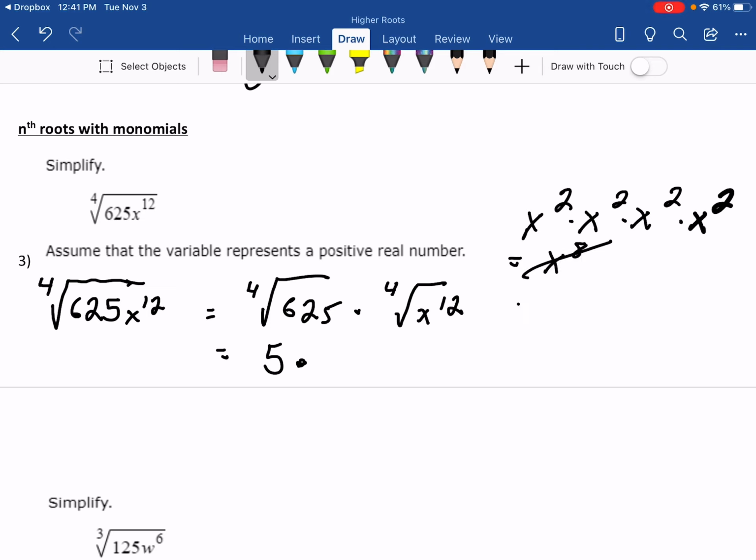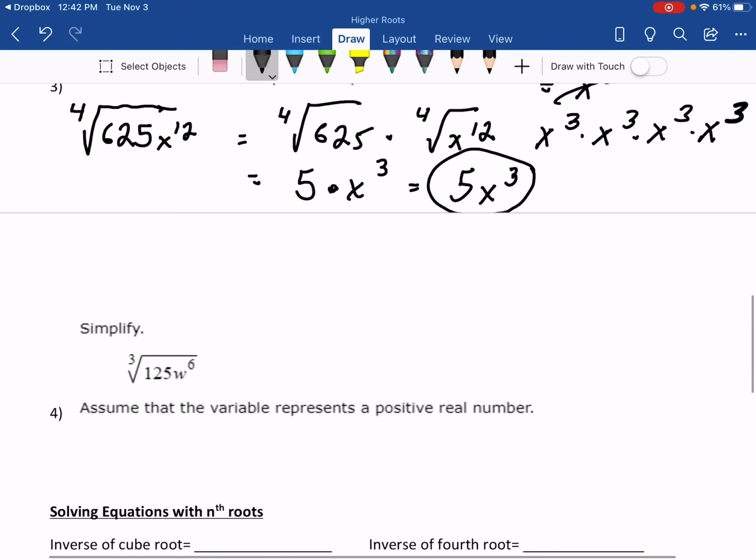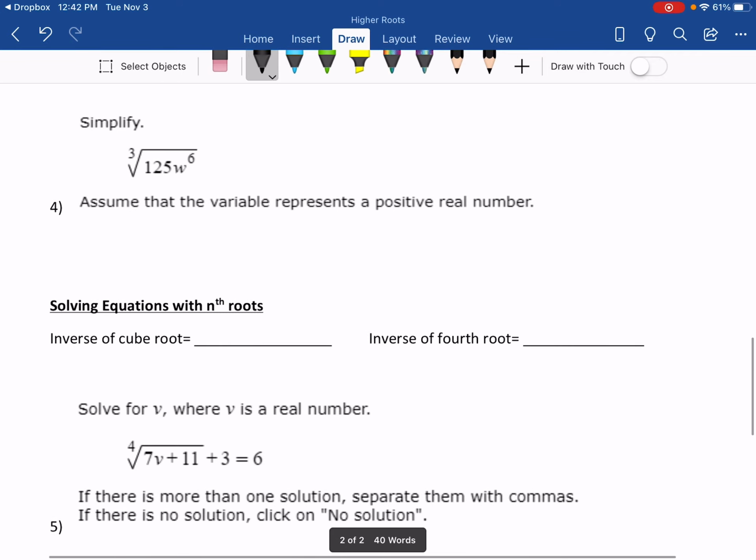Let's try x cubed. X cubed times x cubed times x cubed times x cubed, and yeah, we got 3, 3, 3, 3, which gives us 12. So the fourth root of x to the 12th is x to the 3rd, and of course we'll just write this as 5x cubed.